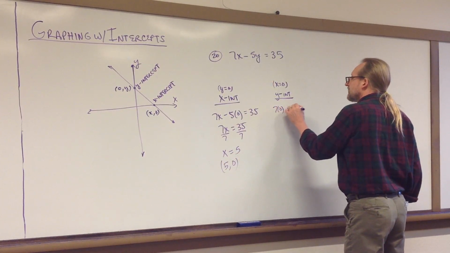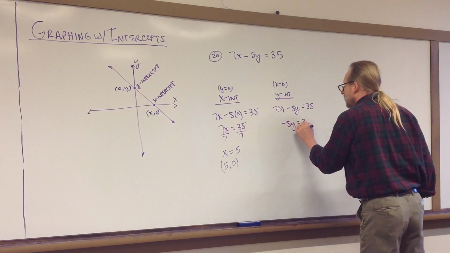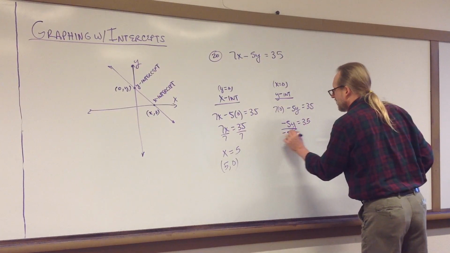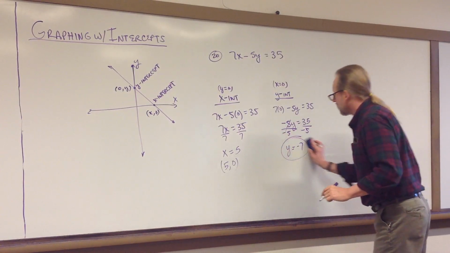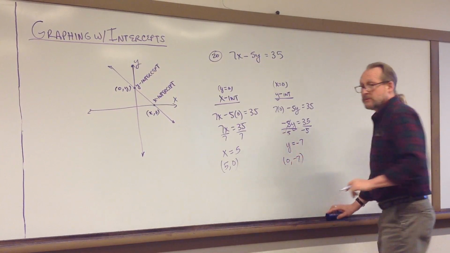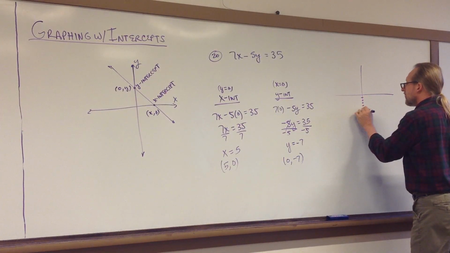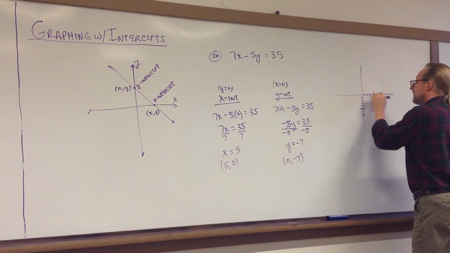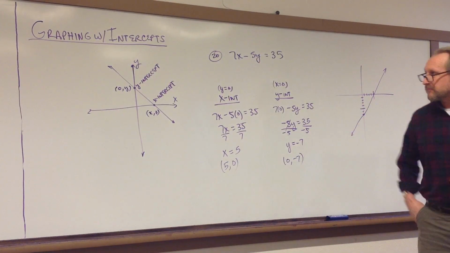To find the y-intercept, make the x 0. Don't lose that negative sign. And then divide on both sides by negative 5. Y equals negative 7. Oh, that is true, but the answer we want is the point 0, negative 7. All right. So, let's see. There's 0, negative 7. There's 5, 0. And so our line will look something like that.